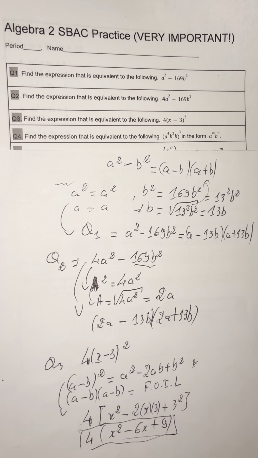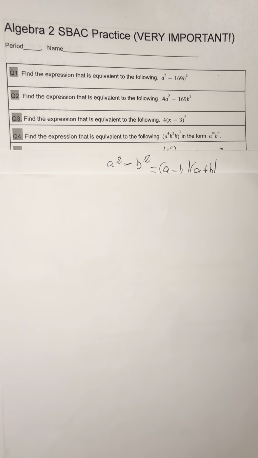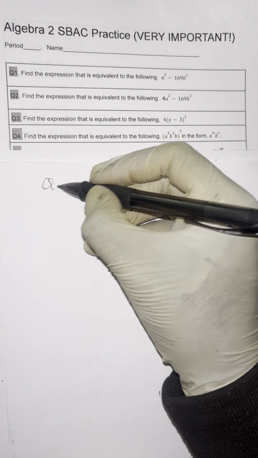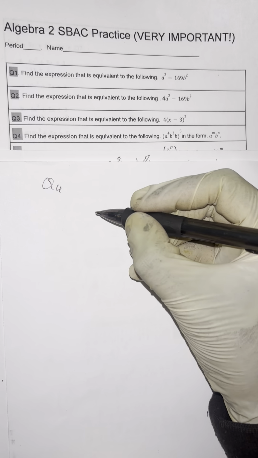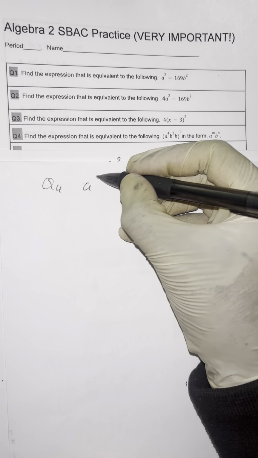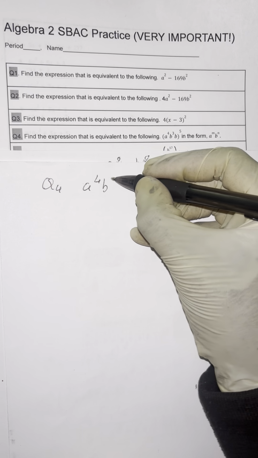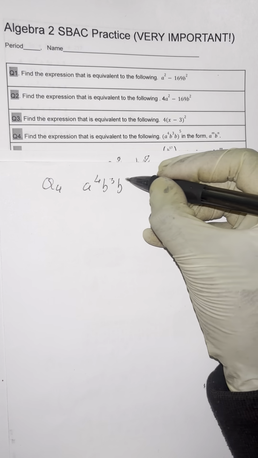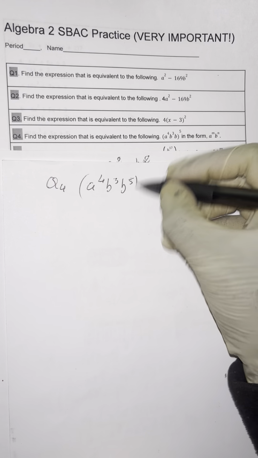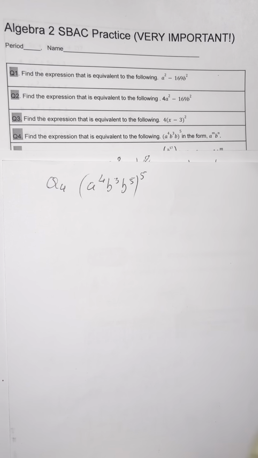Now we have question number 4. Grab a new paper and let's try to do question number 4. It's in the form (a to the power 4 times b to the power 3 times b to the power 5), all of it to the power 5.